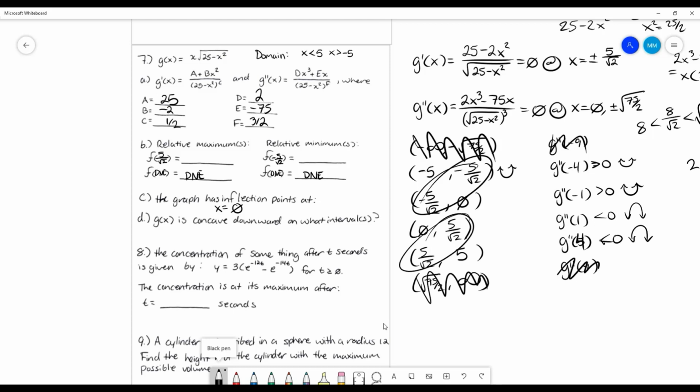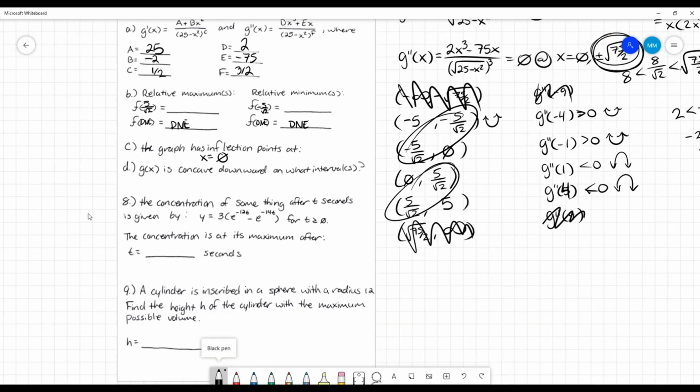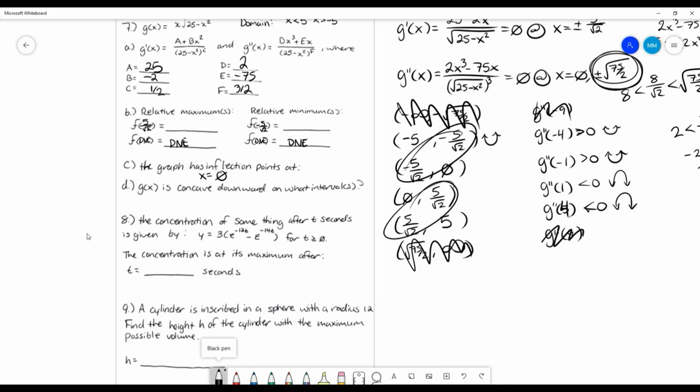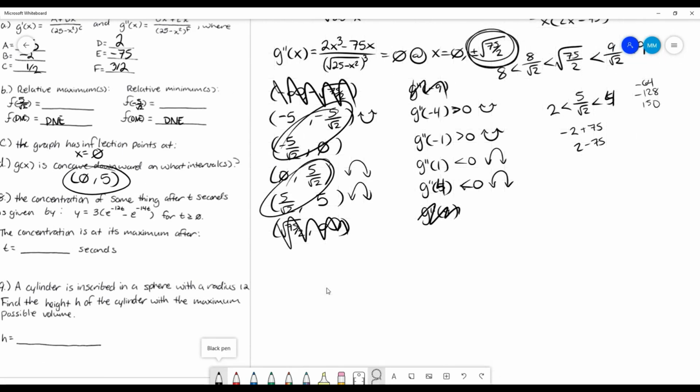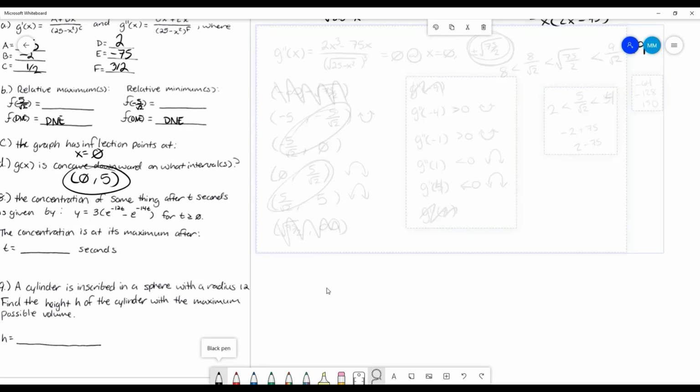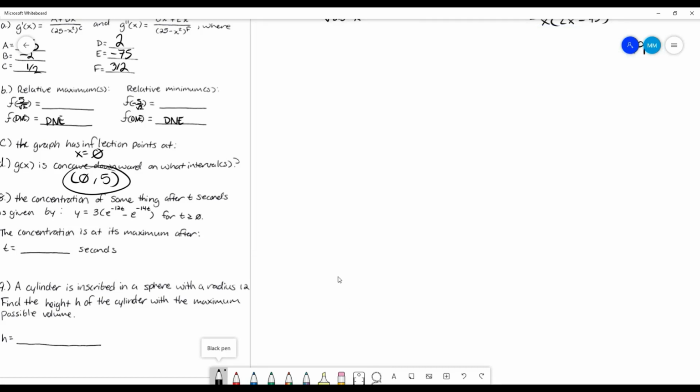We can't include the other inflection points since that is outside of the domain. And it is concave downward from here, so from 0 up to 5. Okay, we've got 2 questions left. Almost home free. Okay. Just going to erase that for space.